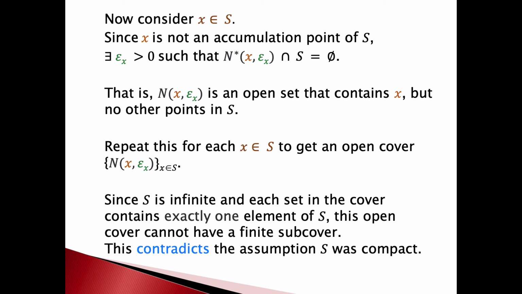Each neighborhood covers up only one point of S. So I can't get rid of any of them and still have an open cover, much less get rid of so many that I only have finitely many left. So there's my contradiction. I have an infinite open cover, and this does not have a finite subcover. So that contradicts the assumption that S was compact.